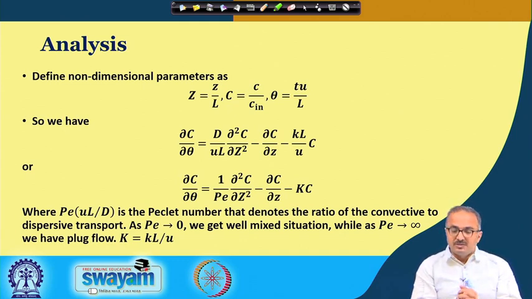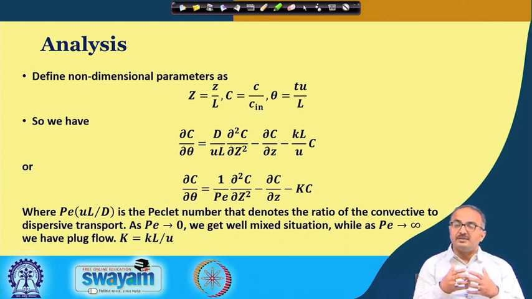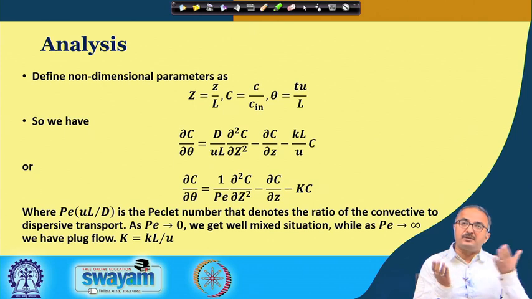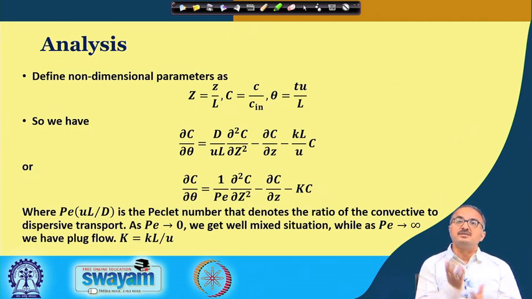Now you see that as this Peclet number tends towards 0, the convective flow is much less than the dispersive flow. Then it means that there is a well mixed condition, because when the mixing is very fine, we know that the diffusion coefficient is very high. That means when diffusion is very high with respect to the convective flow, the mixing will also be very thorough.